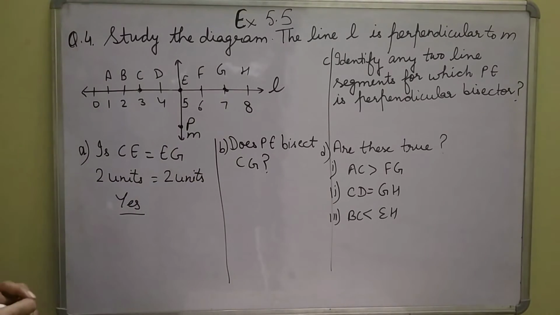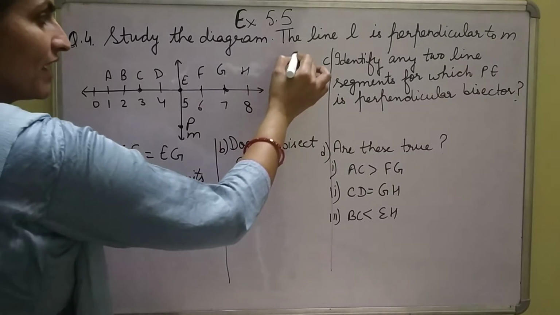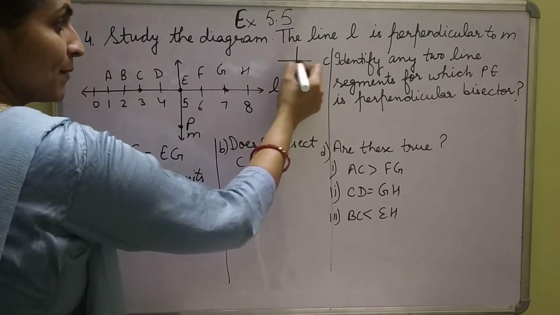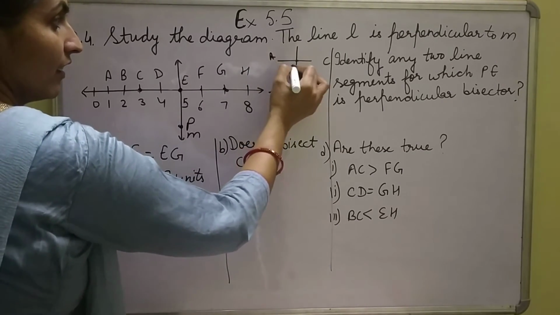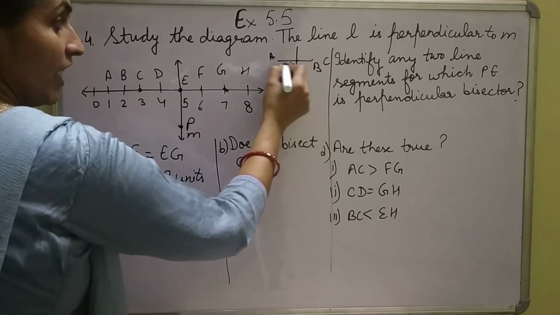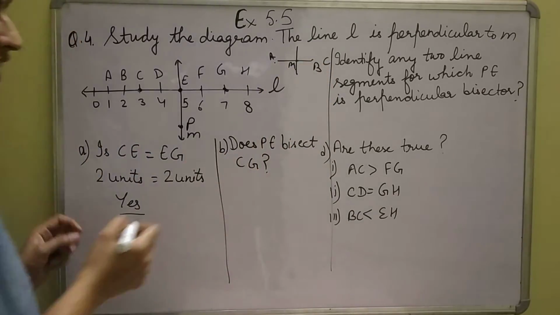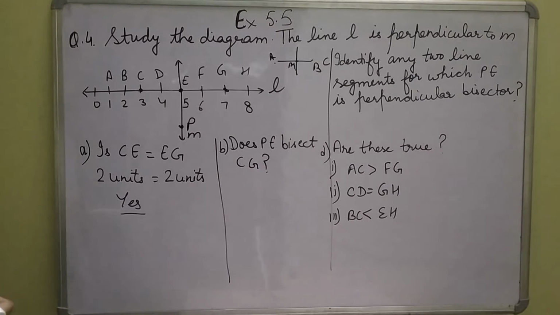Now, what is the meaning of bisect? Bisect means the distance should remain the same. We have learned in perpendicular bisectors that if a line is perpendicular and if AM equals MB, then that is a bisector also. So we have to check that they are at the same distance.